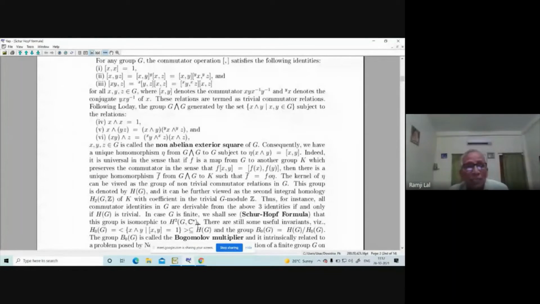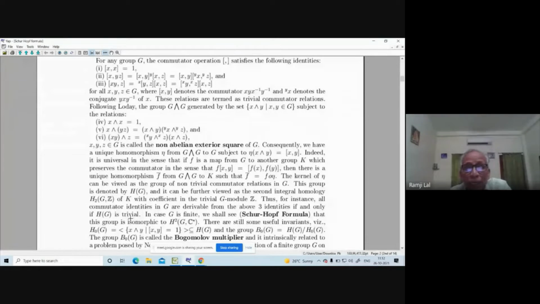Thus, for instance, the commutator identities in G are derivable from the above three identities. All the relations among the commutators will be derivable from the three identities if and only if this kernel HG is trivial. So HG is the kernel which I have described over here.